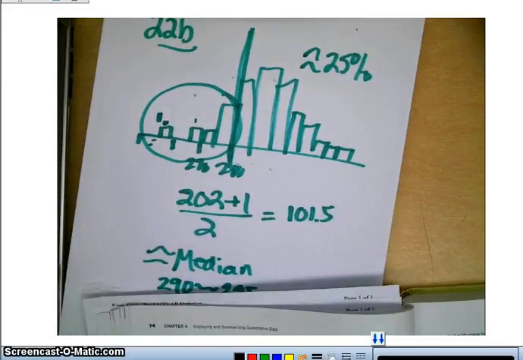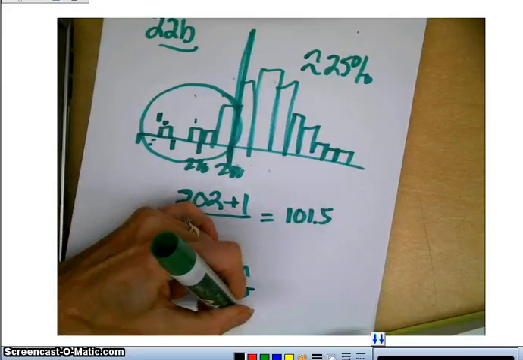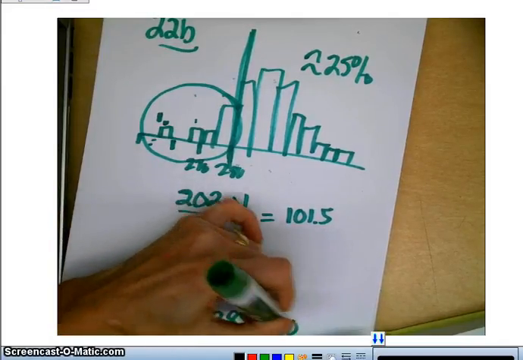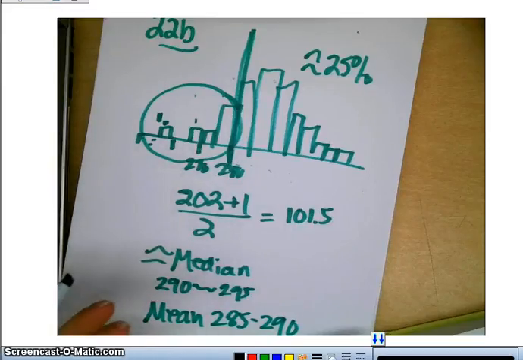And we thought the mean was around what, 285, 290? That was the balancing point, but the median, you can figure these things out. So what would we say about the median? Is it bigger than, equal to, or smaller than?